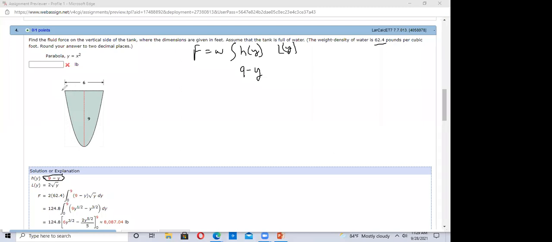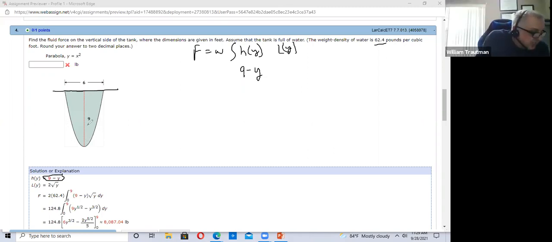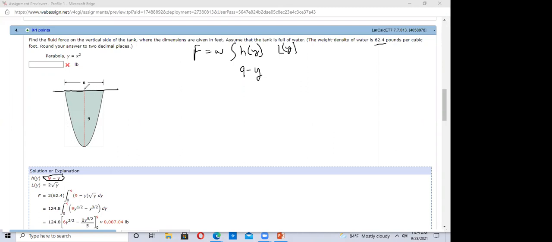Because you're starting from the 9, right? And then you're subtracting the y value to find that point that you're looking for. I look at it a little different. I would say it's kind of like we used to do in 7.1, finding the shade under the line.